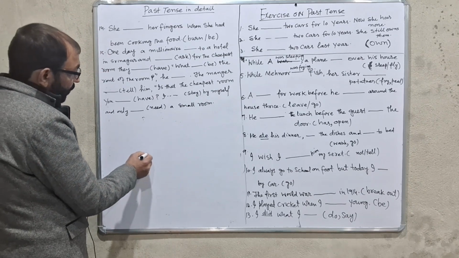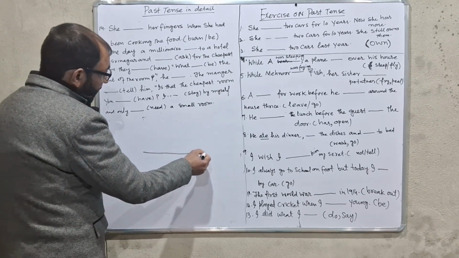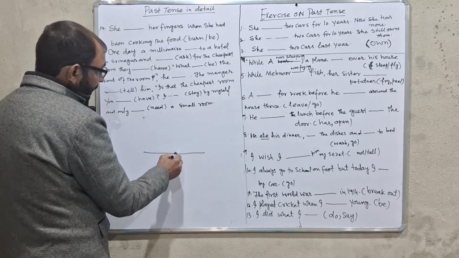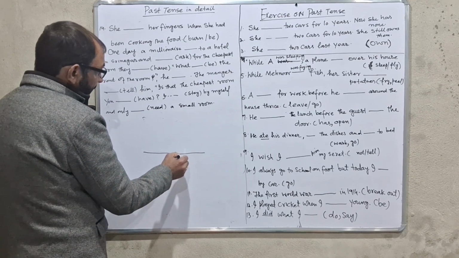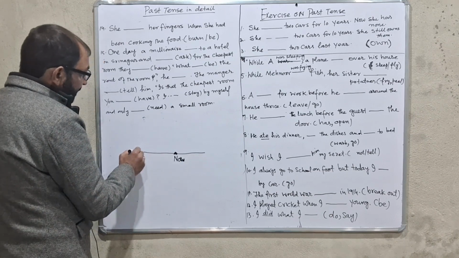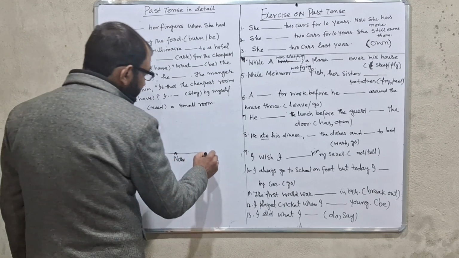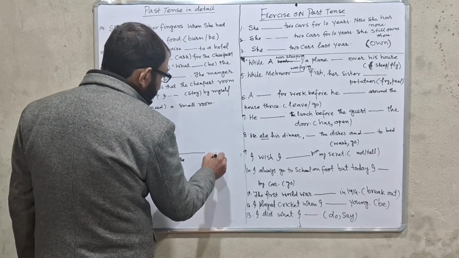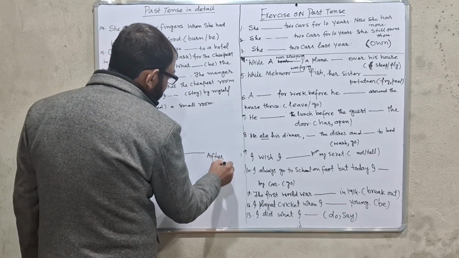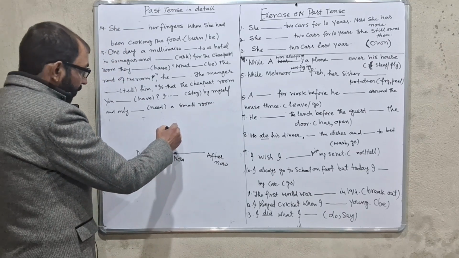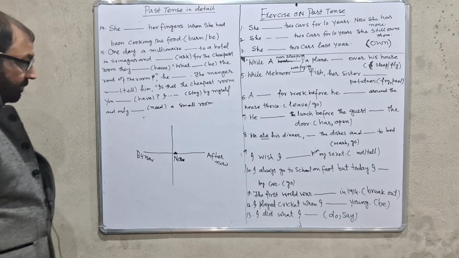If I show the same on the timeline, this is now, this is before now, meaning past, and this is after now, meaning future. Today we are concerned with the time before now.